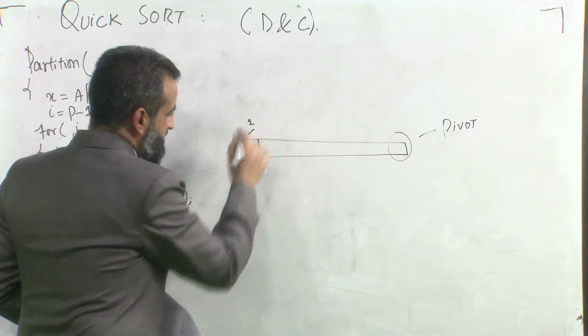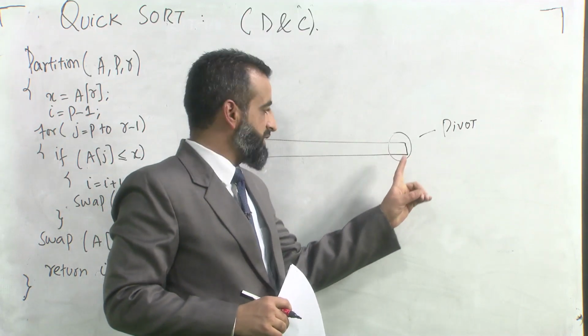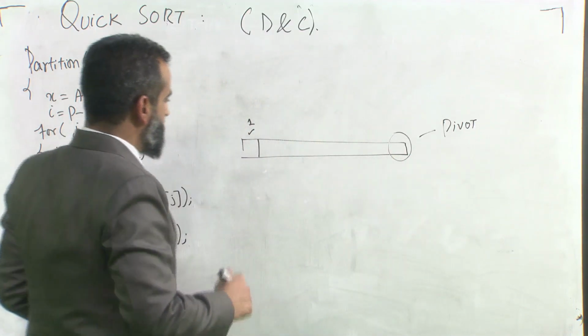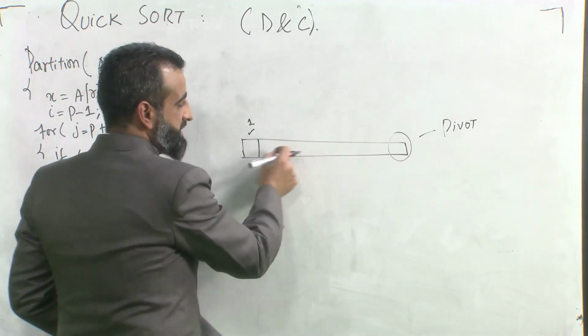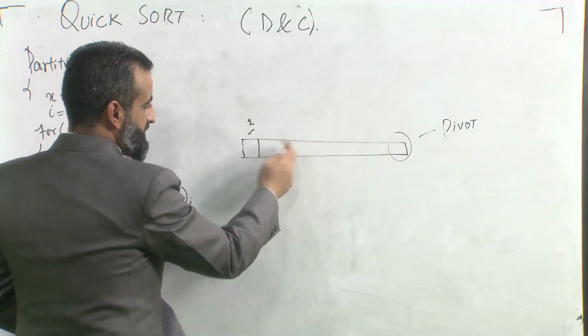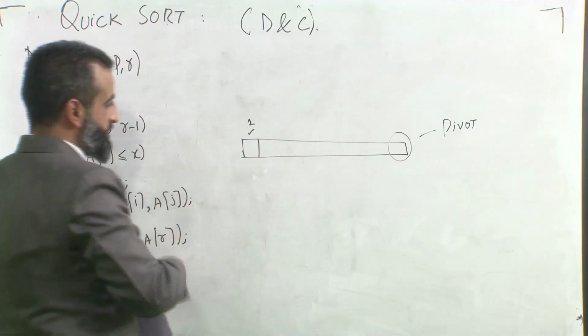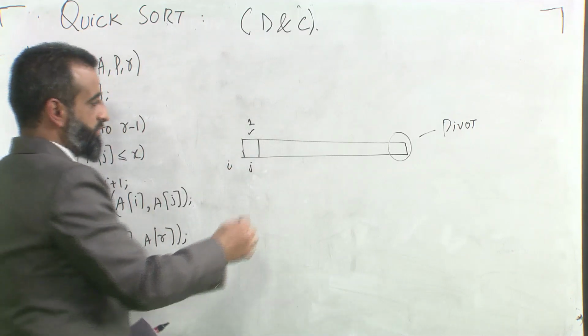From the first element we'll start comparing with the pivot element, the element that we have selected, and wherever we find an element which is lesser than the pivot, we'll swap that element. We'll have two different pointers, a pointer i and a pointer j.